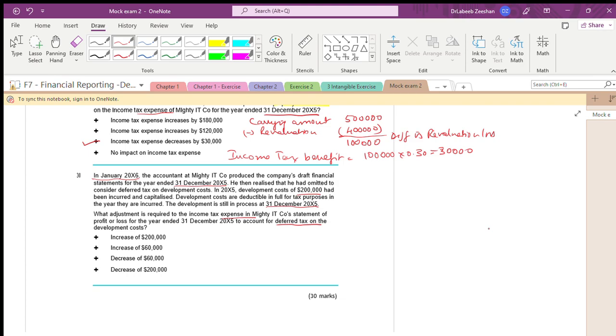Very straightforward question. It will be increased by 200,000. They are asking income tax.